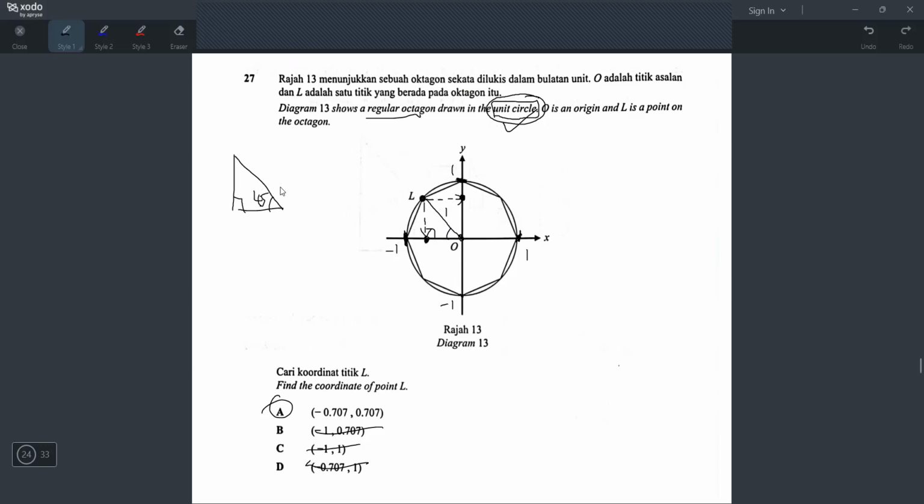It's because one circle is 360, right? And since this is a regular octagon, if I draw a line like this, do you agree that all these angles are the same angle? Why the same? Because it's a regular octagon, right?